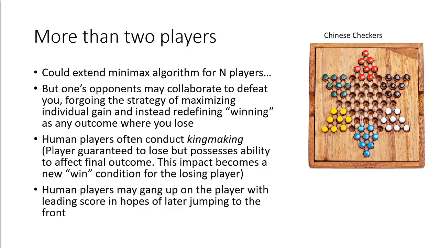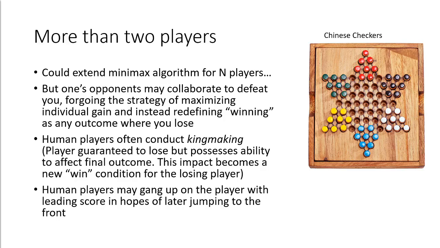Another problem is that human players will often participate in what's called king making. This is where, let's say, a player has basically been mathematically eliminated. They know they cannot win, but they're not removed from the game. They're still a participant. They just can't win, or it's highly, highly unlikely that they could.